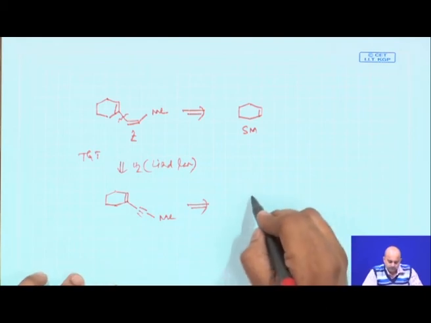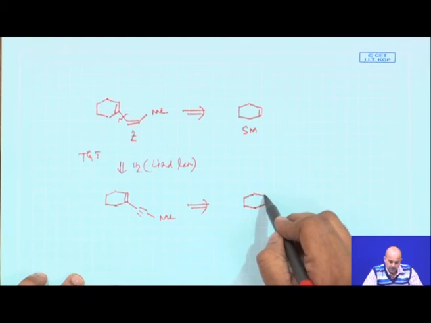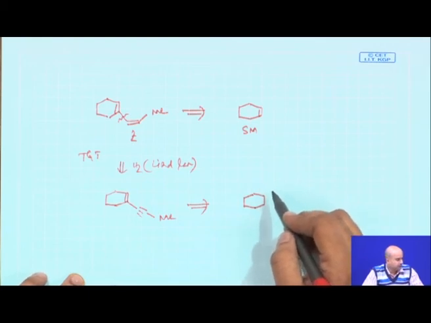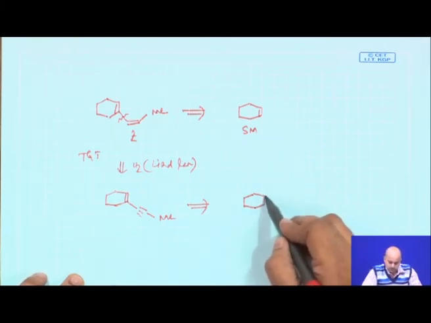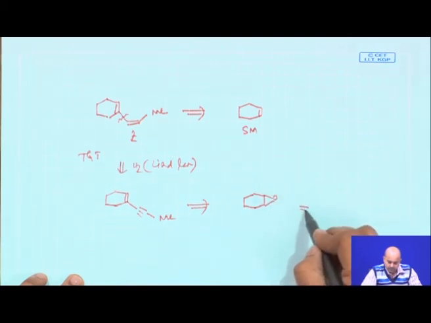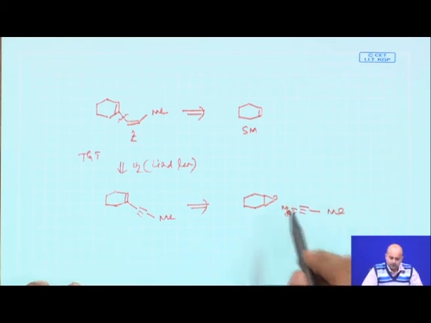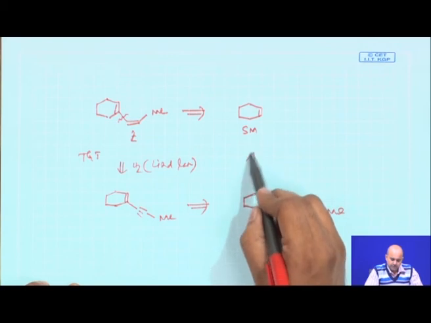Now, you see this particular alkyne appendage you can easily create if you have a MgBr, and this you can easily construct from this cyclohexene.